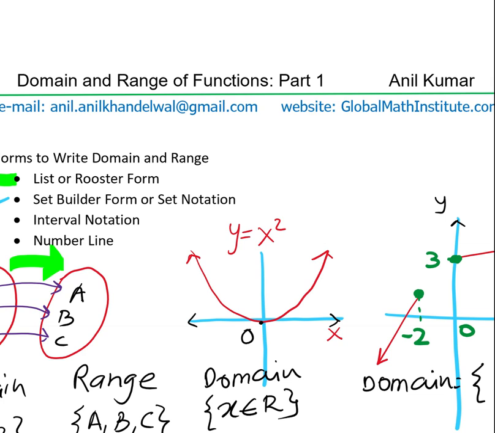Well, the domain in this case could be written in set builder form, perfect. But what I'm going to use here is a simpler form, which I am calling interval notation, and see how easy it is. We are saying that the domain is all real numbers less than -2. That means on the left side of this, right? So basically everything on this side and everything on this side.